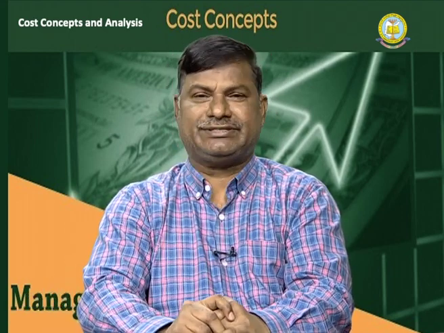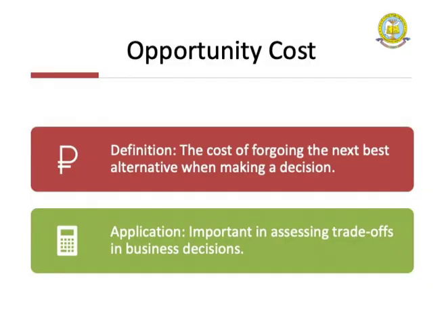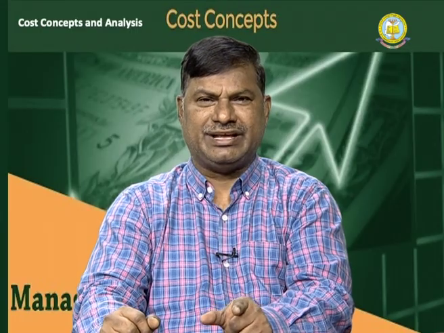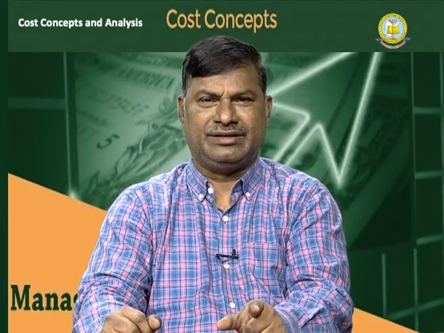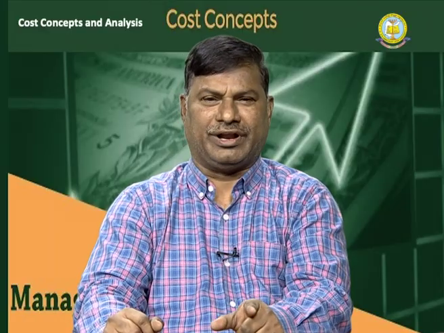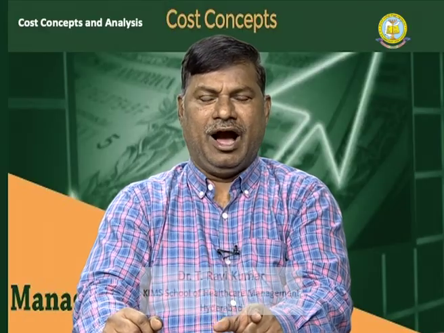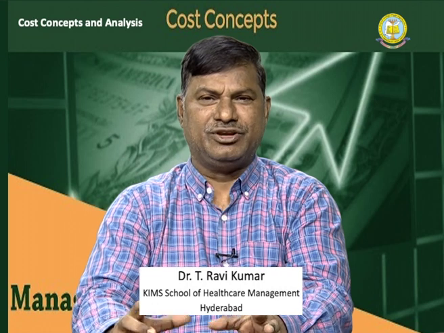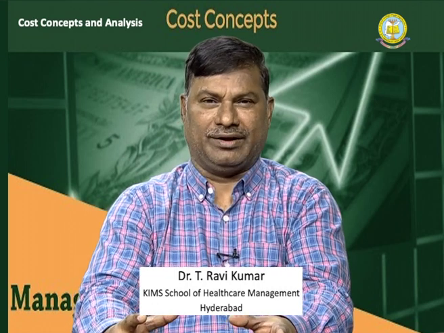Now, let me present before you another cost, that is opportunity cost. Opportunity cost is the cost of the next best alternative. I said just before, decision making is choosing among the alternatives, and marginal cost is useful in choosing one of those alternatives. Among the alternatives, you will be choosing the best one.